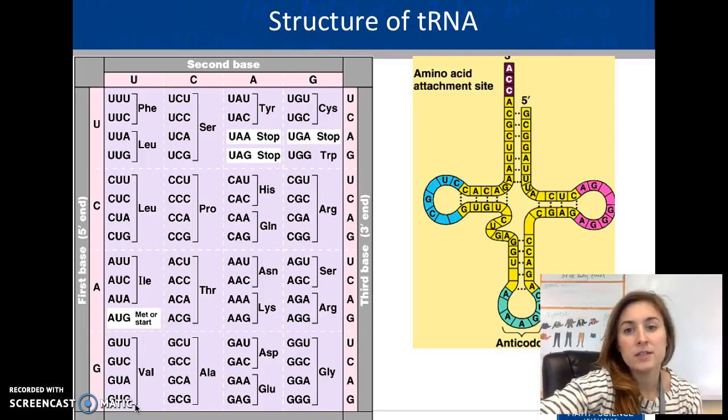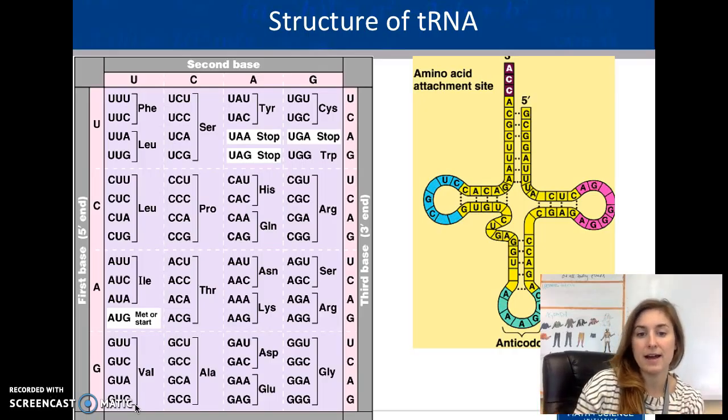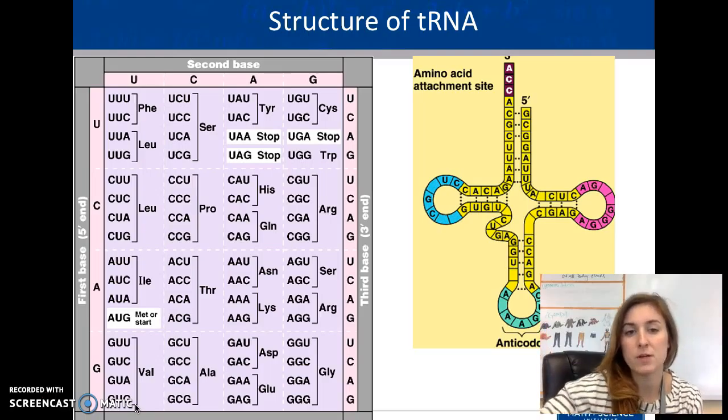If we look, tRNA has sets of 3 letters on the anticodon, similar to how all of these codons code for certain amino acids. So if I have GAC, it would be a CTC anticodon, which is going to tell me the amino acid that I need.